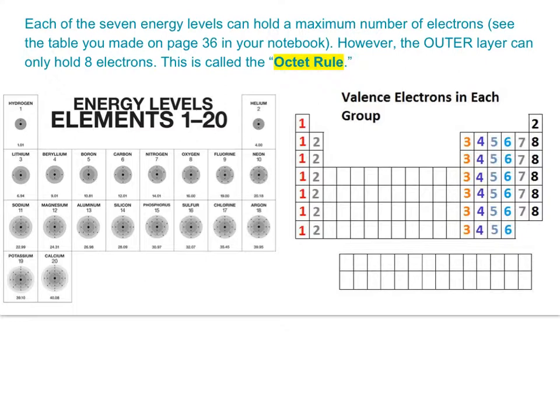So I had you guys make this little table, and I really am sorry, but that's only partly true. The third layer can hold up to 18, but only if there's a 4th layer outside of it. So argon here has 3 layers, but its outermost layer is only going to hold 8 electrons. Down here, when these guys get up to 4 layers, then that 3rd layer could hold up to 18 electrons, but not necessarily.